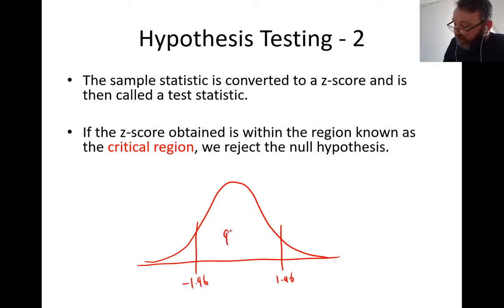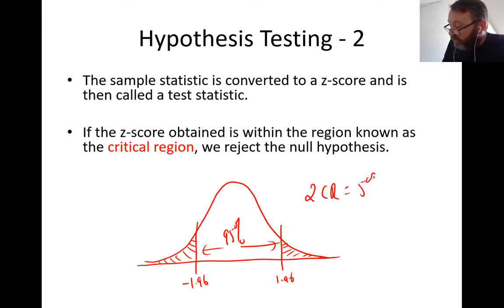So if 95% of the population exist between those two values, then the remaining 5% are in these two regions here, and they are the critical zones. So both critical zones together are 5%. Don't forget, you've got two critical regions giving you 5%, which means one critical region is 2.5%.